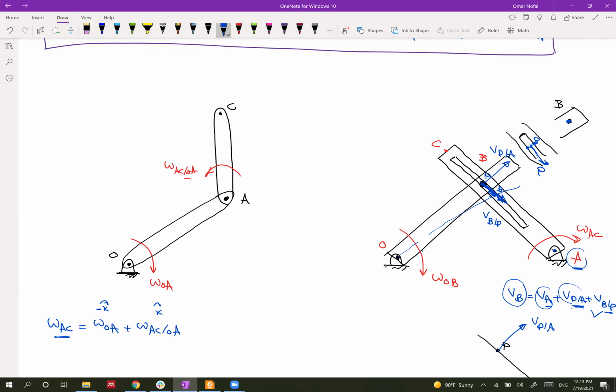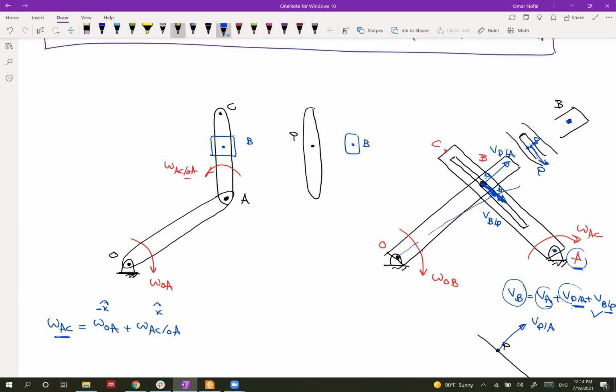So what if we have a collar here? And we have point B on this collar. As I taught you, there's a point P on this collar, and we have the collar B on the top like this.